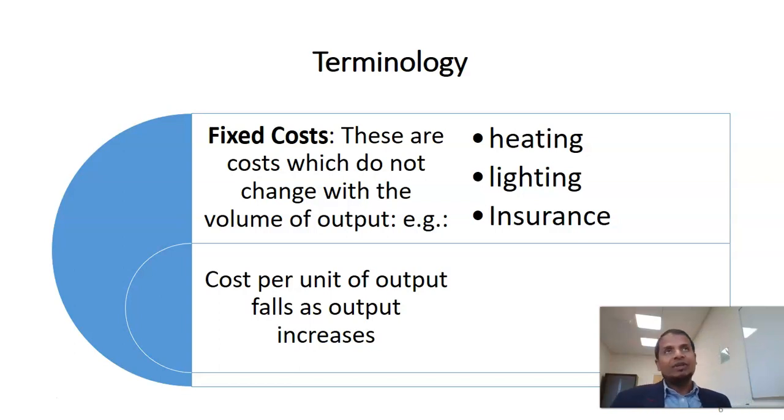And obviously, in total, the fixed cost means the cost which remains fixed in total, irrespective of the change in level of activity or within a particular range of activity.